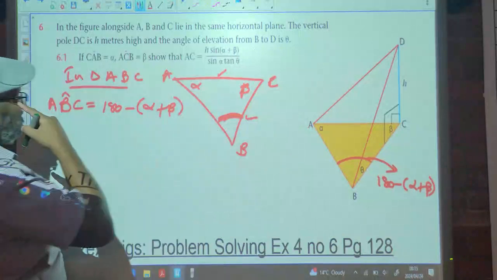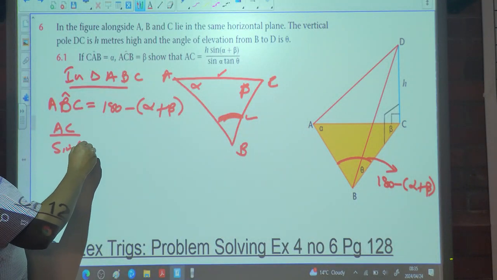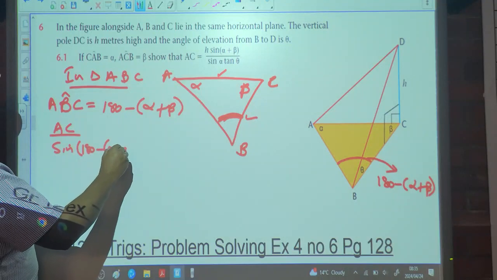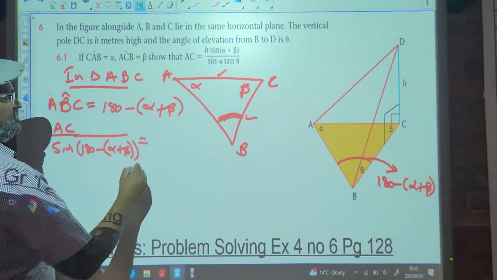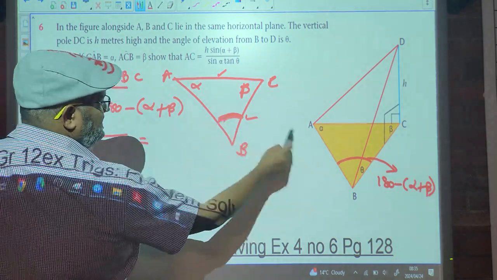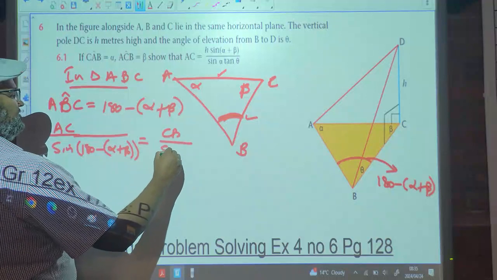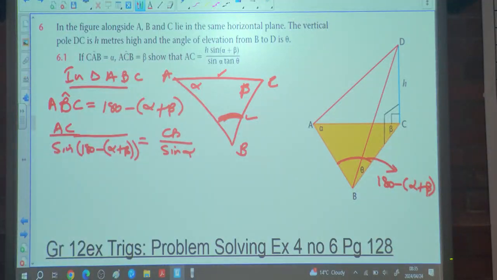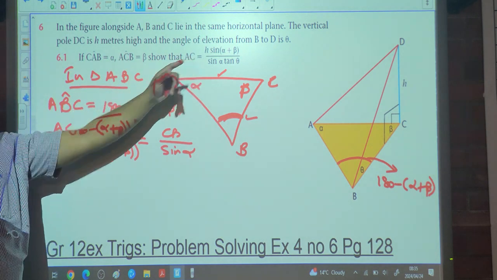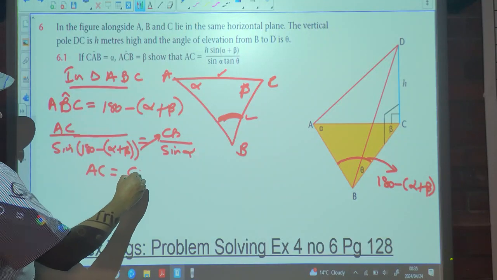So if I apply the sine rule, what would it be? AC over sine of 180 minus alpha plus beta equals, what do I need? I need to use this here, no? So it's going to be CB over sine of alpha. Make AC the subject, not so? So therefore AC is equal to CB.